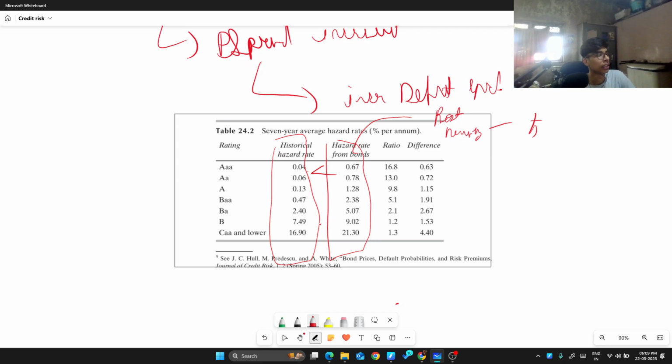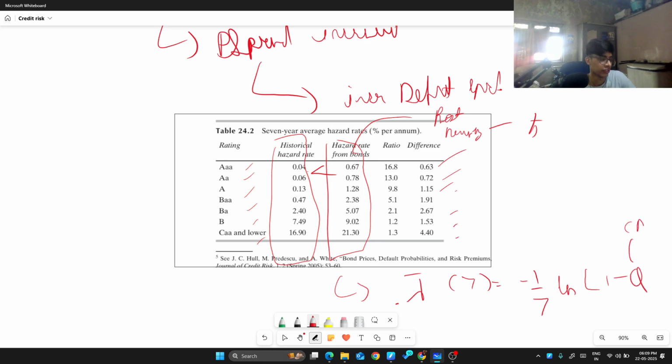It is almost bigger in every case and for every quality of bond, a large difference. And this is given by an equation. For a 7-year bond, lambda(7) equals minus 1 over 7 times log of (1 minus CDF of 7).